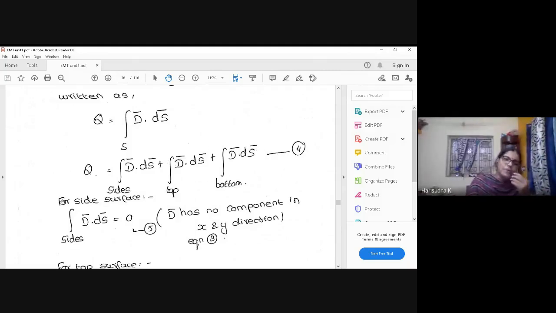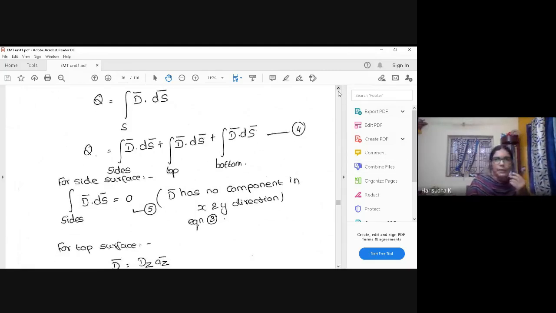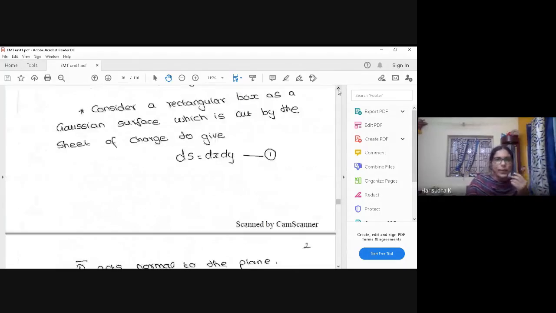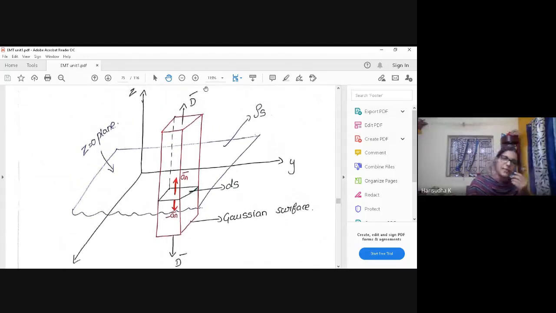We know that for the sides, since it is present in the xy direction, D dot dS will be equal to 0. The understanding is your electric flux density has no component in the xy plane, because as per your diagram, it is present in the z axis. Your D will be here, pointing towards here, and your electric field intensity is pointing towards this side.